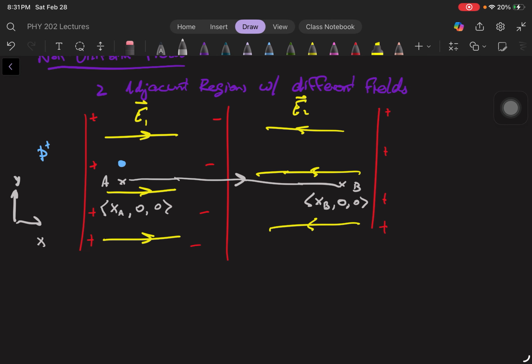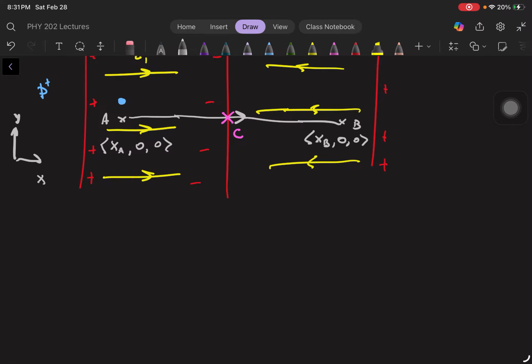Okay, so in order to evaluate this, I'm going to go ahead and come in and make some point C, right? And then I'm going to define delta V1 is equal to negative E1x times xc minus xa.